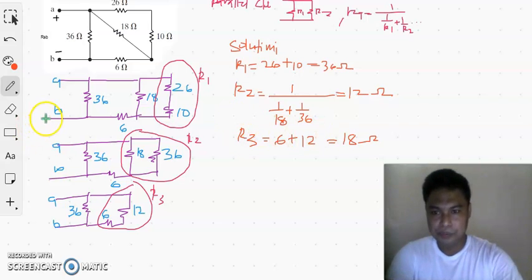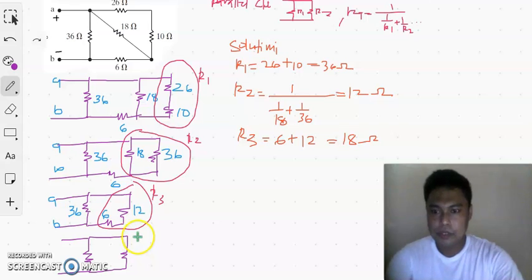Okay, and then we're going to read through it again to make it easier to understand. Okay, we have 36, and this is the R3. Our R3 is this.